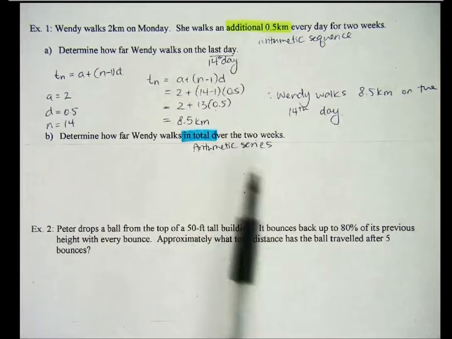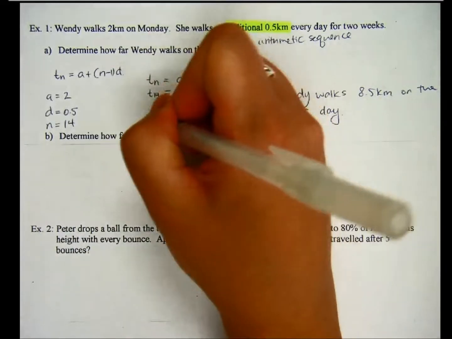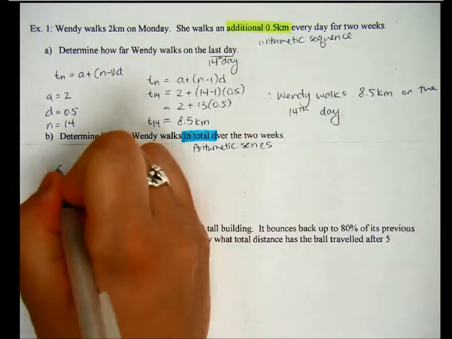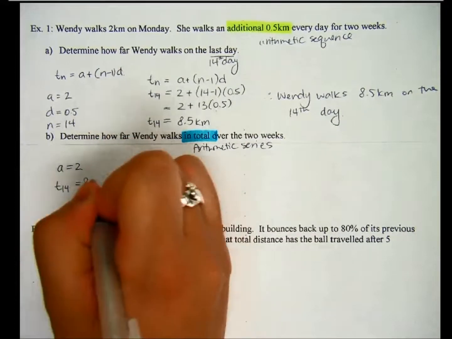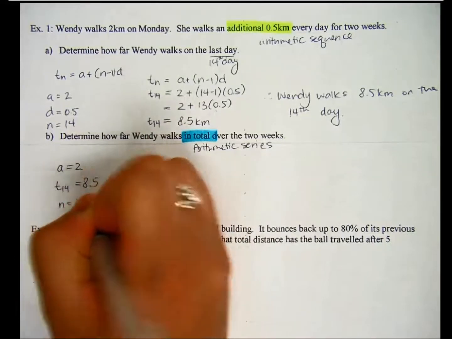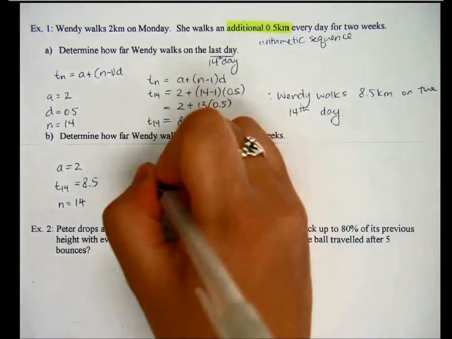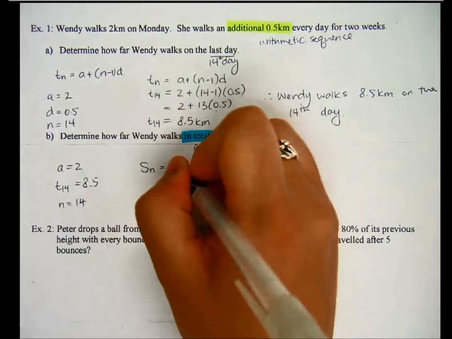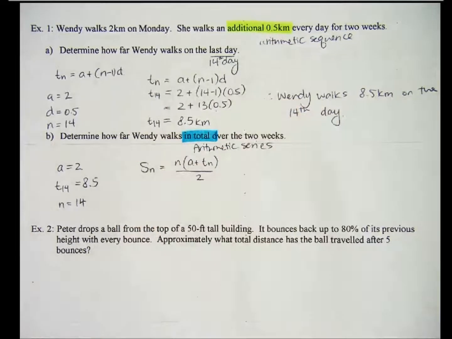Now, you know what the 14th term is. This is T14. So if you know A is equal to 2, T14 is equal to 8.5, and obviously there are 14 terms in this sequence, then you can just use your Sn equals n times A plus Tn over 2 formula, plug everything in, and solve for S14.